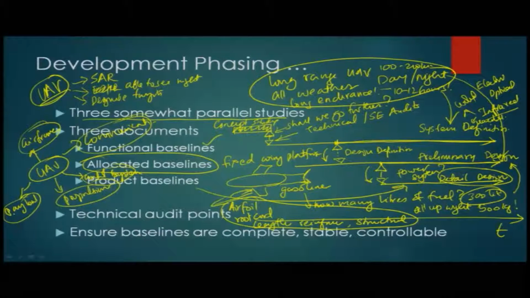And as I told you, these rectangles, these technical audit points, not rectangles, these triangles, they are the points at which you translate definitions to the next stage. This audit freezes things or to some extent revises things.